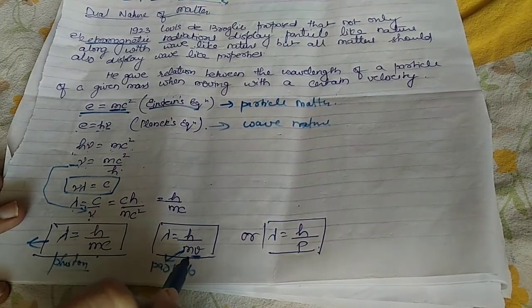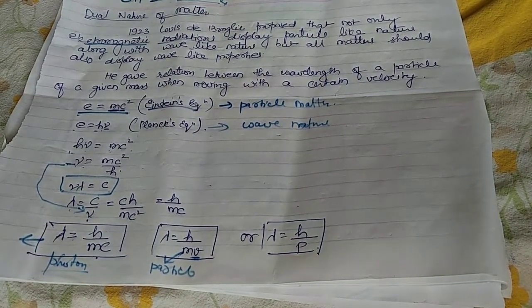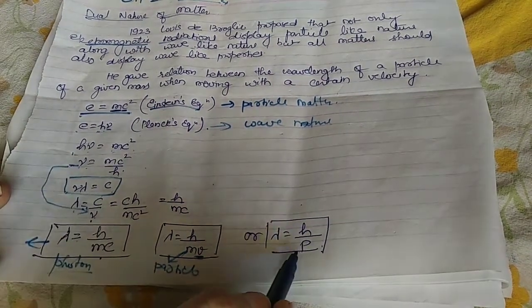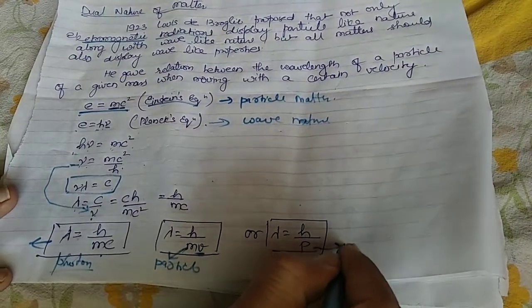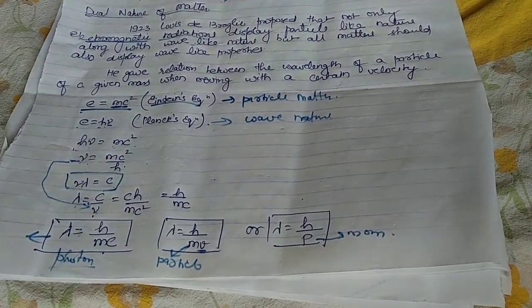So lambda is equal to h upon mv is the relation given for a particle having mass m and velocity v, and this gives the wavelength of the particle. This was a very important relation given by de Broglie, or we can say lambda is equal to h upon p, where p is the momentum. So remember this, lambda is equal to h upon mv.